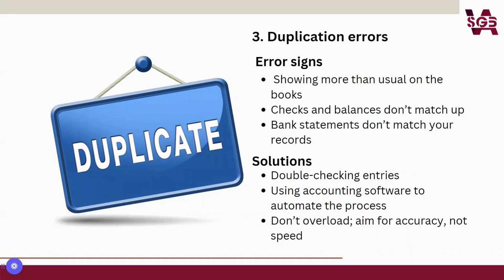For example, you have a telephone bill every month, and you know that there's only one telephone bill, but when you check your accounting records, you entered that transaction twice. That's a duplication error.